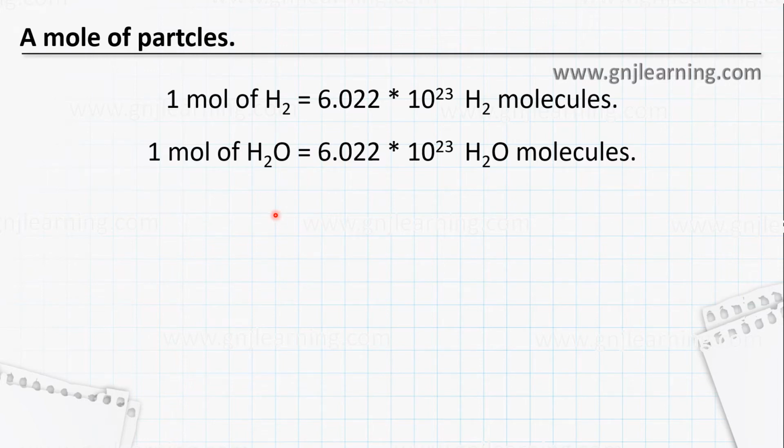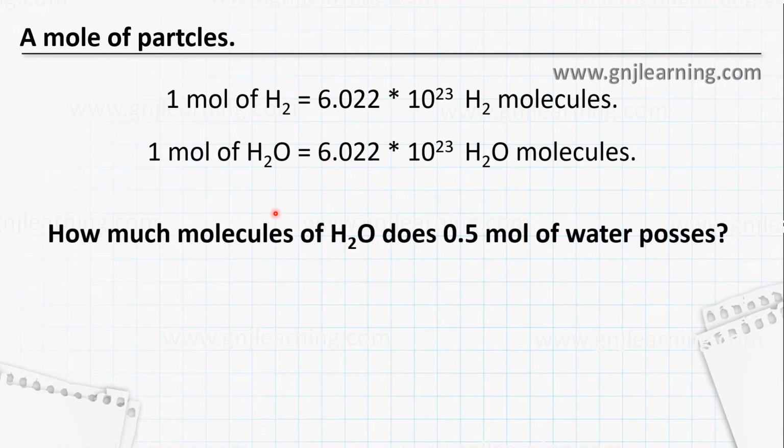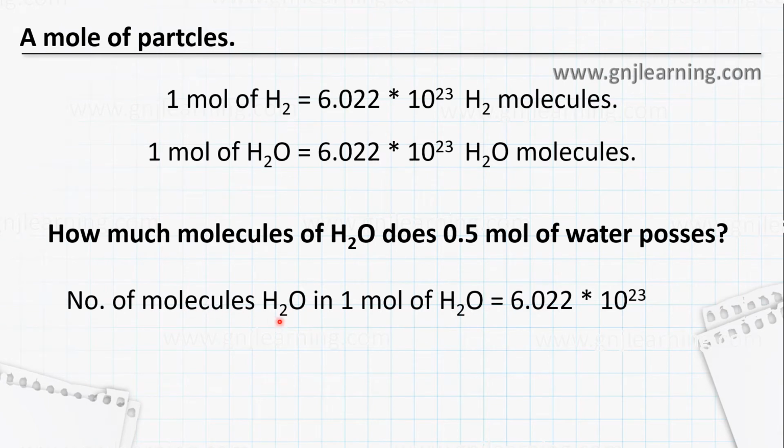Clear? What about a fraction? Let's look at an example. How many molecules of H2O are there in 0.5 mole? If 1 mole is this much, how do we get the number of molecules in 0.5 mole? You just multiply this with 0.5 mole. The number of molecules of H2O in 1 mole of H2O is 6.022 into 10 raised to 23.